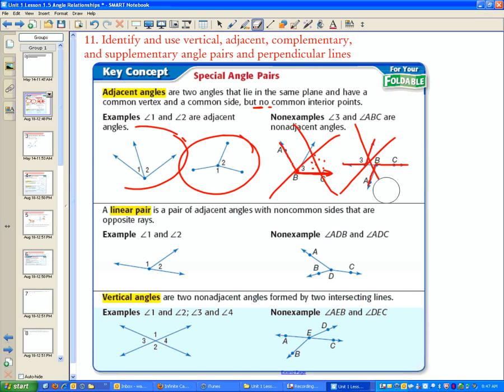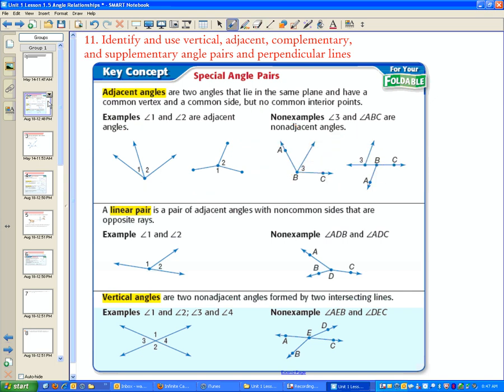The first one and the third one. All right, on this one, any point that's interior for angle 1 is not interior for angle 2. But on the third one, that point right there is interior for angle 3. It's also interior for angle ABC. Those are the two angles we're talking about. Angle 3 and angle ABC.